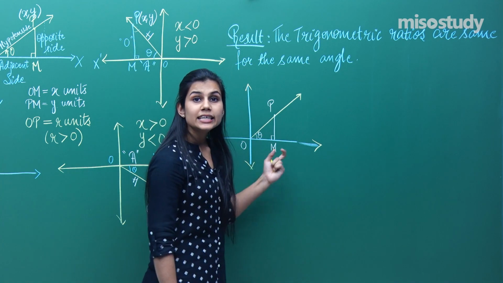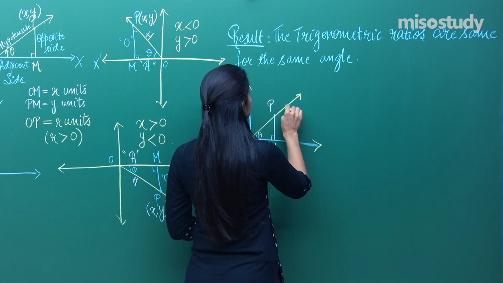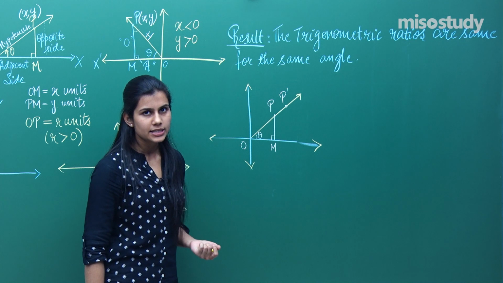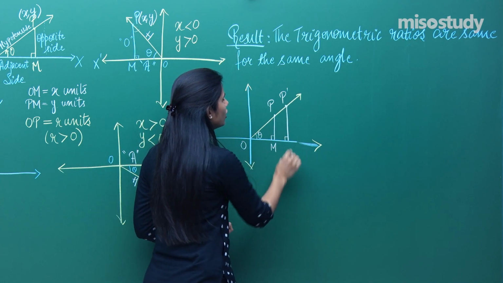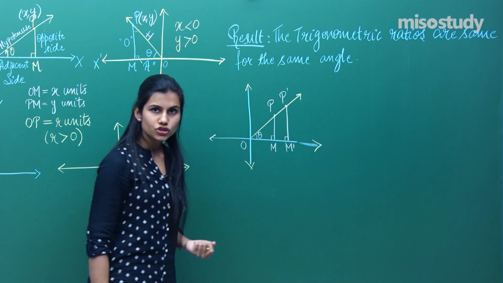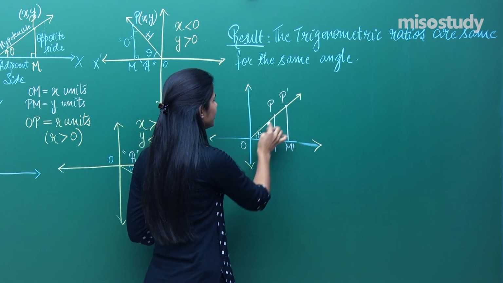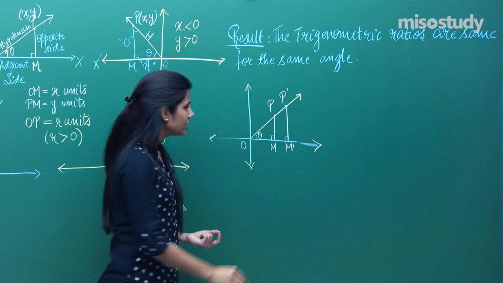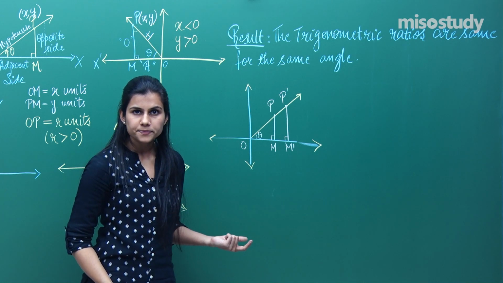If I increase the size of this triangle, that means suppose I choose a point different from P on the terminal side, and then from here I drop a perpendicular on the x-axis, which is P dash M dash. In this case also, if you separately consider the triangle of reference OP dash M dash, this angle only is the angle theta which is coming into picture.